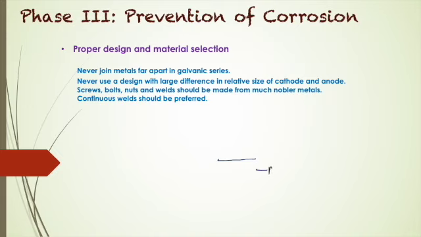This is an aluminium sheet that I am taking, and I have used nuts made of brass. So this is made of brass, and of course in that case this will be my corroded zone.